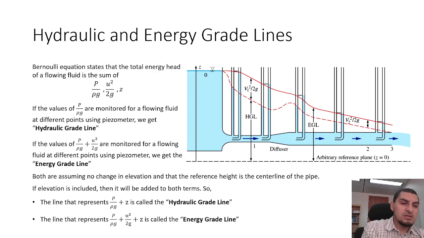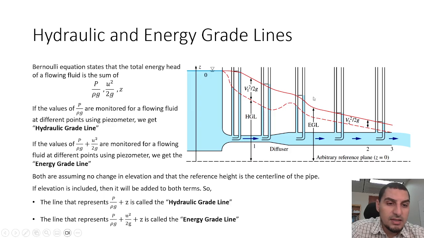There is one thing worth noting here: if this system follows Bernoulli equation, or satisfies Bernoulli equation assumptions, we should have had horizontal lines for the hydraulic and the energy grade lines in this region. The fluid is just flowing, but this is not what happens in reality.